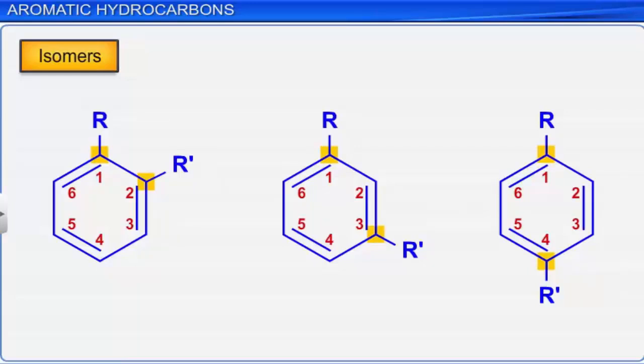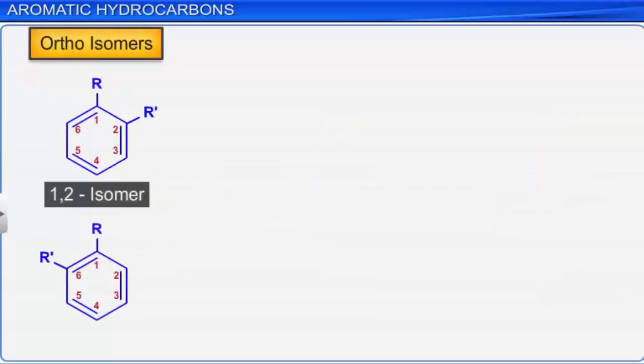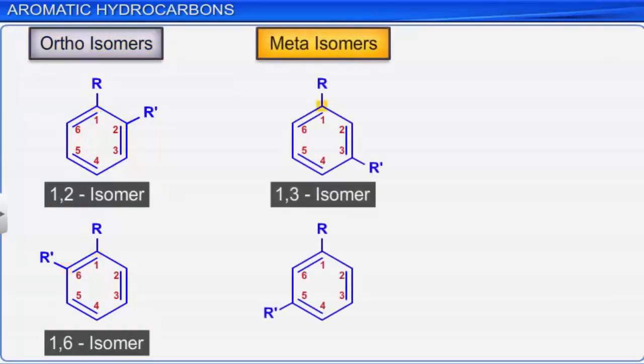The 3 position isomers of a disubstituted benzene are ortho 1,2 or 1,6, meta 1,3 or 1,5, and para 1,4.